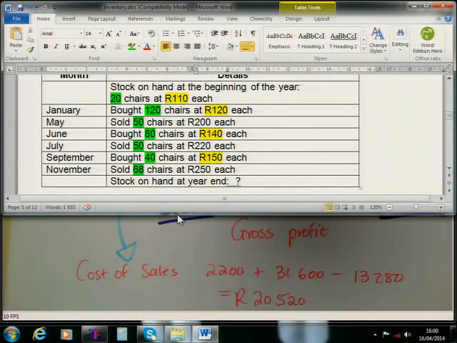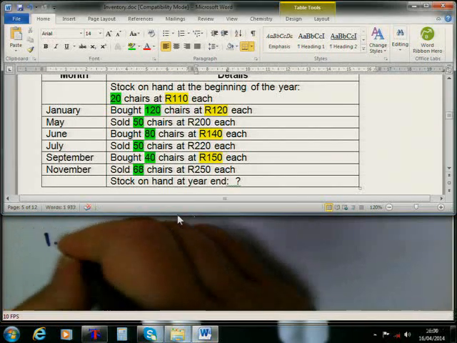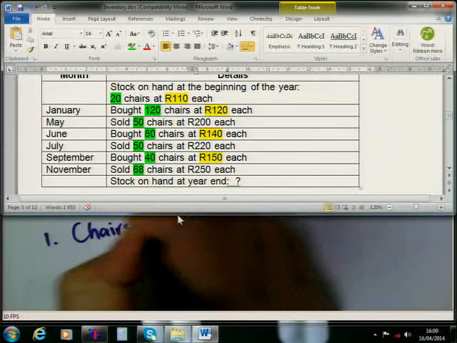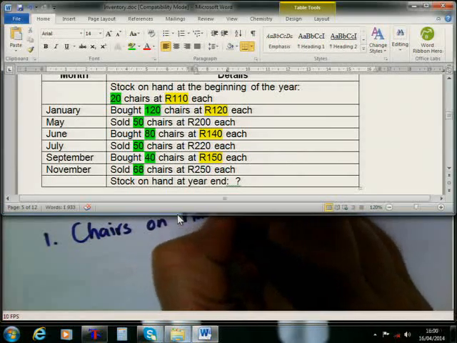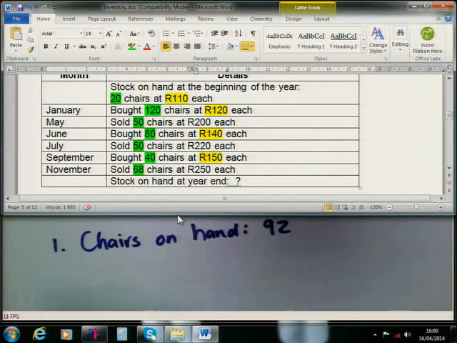We first calculate the stock on hand. We calculate the chairs on hand, which was 92.